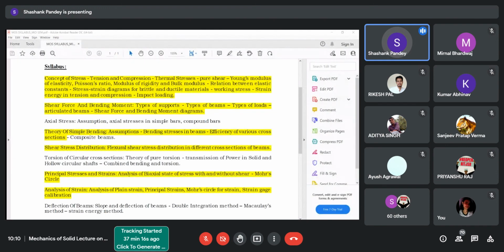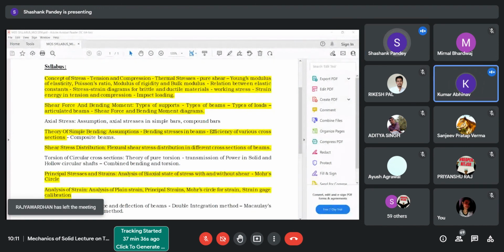Of course, we might have taken it if it were offline classes, but we are not presently going to do the graphical method. We'll have questions using the analytical method only. Okay, sir.